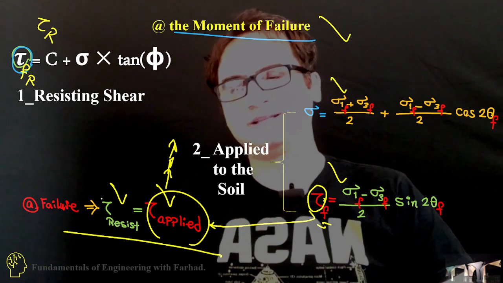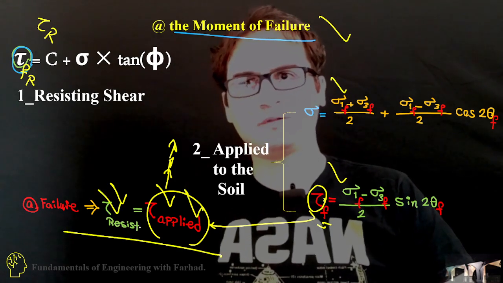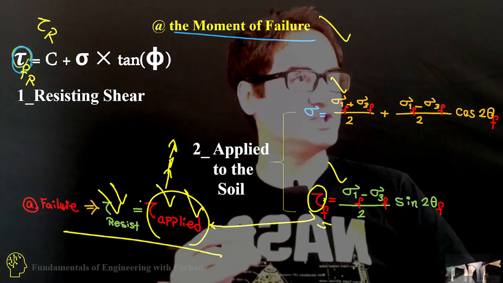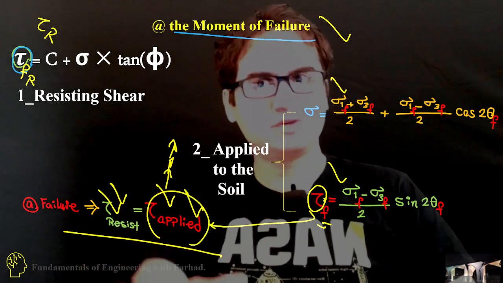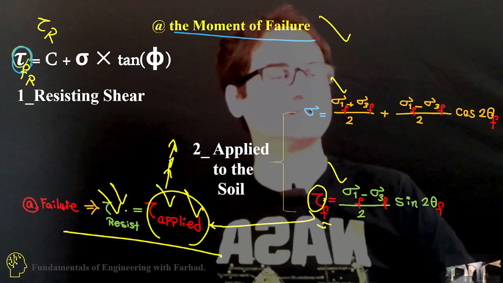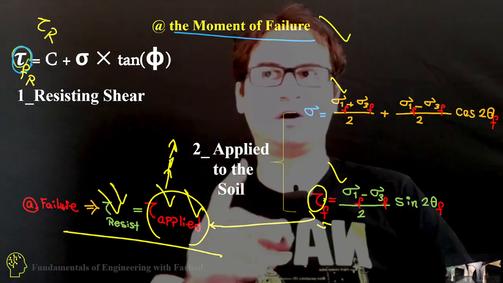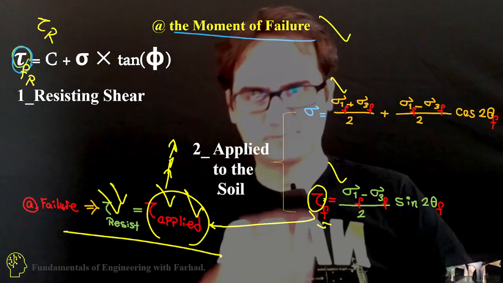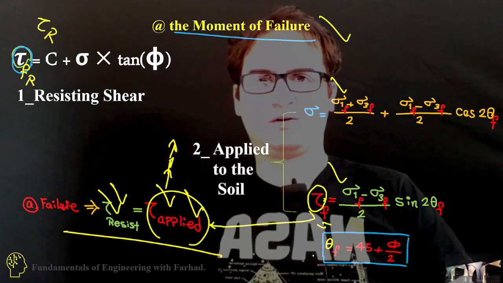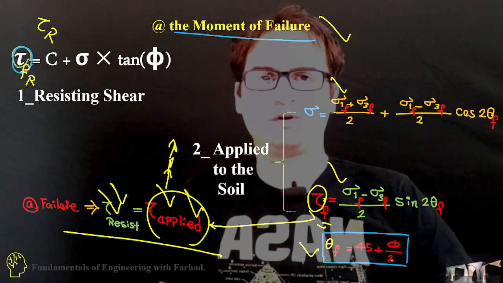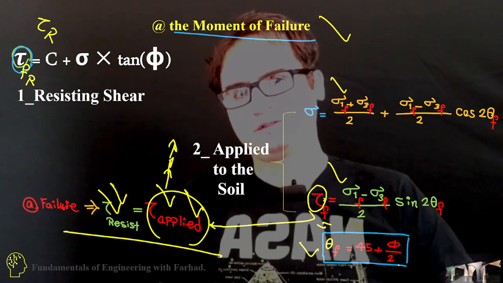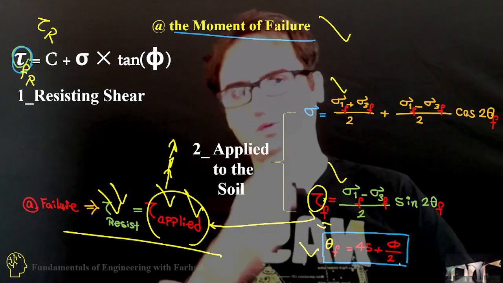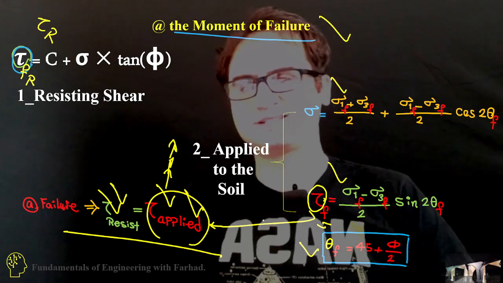That's the moment or threshold of failure. And theta F is 45 plus phi over 2, where phi is the friction angle of the soil.